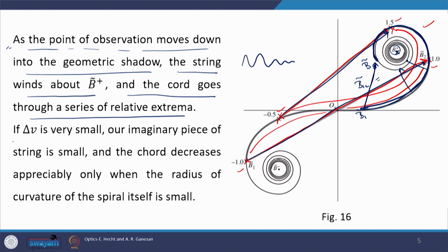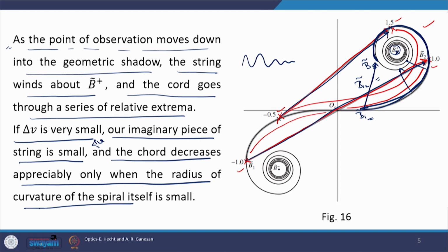Now, if delta V is very small, or if the slit is very thin, our imaginary piece of string is small. The string means this delta V, a chord which is being plotted on the Cornu spiral, and the chord decreases appreciably only when the radius of curvature of the spiral itself is small.